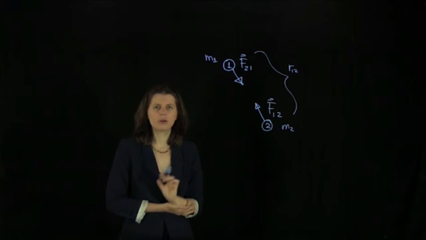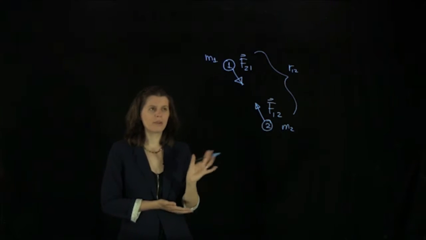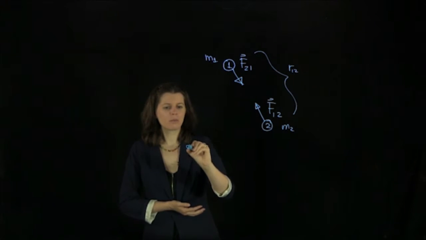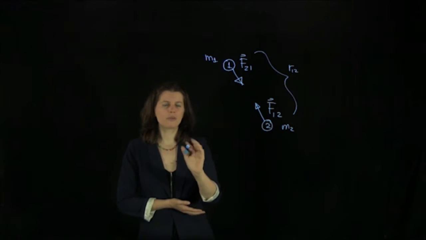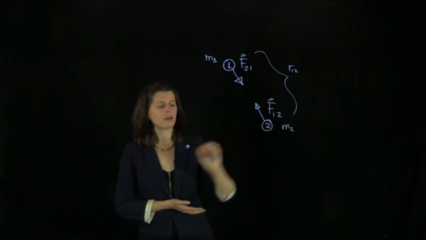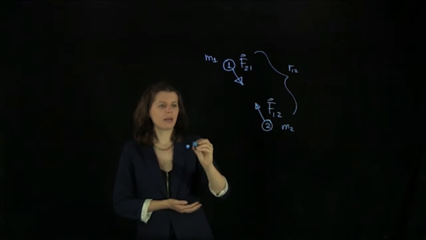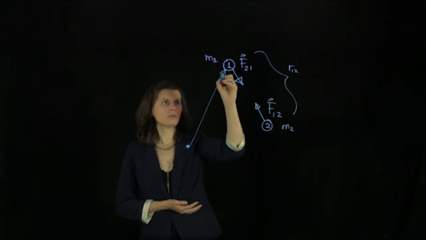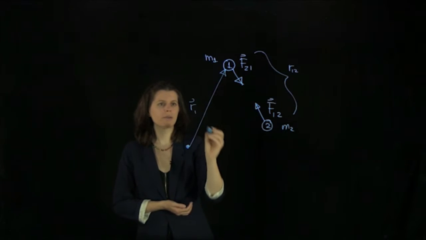Now we need to do one more consideration and then we can derive this. First we need to pick some kind of origin from where we are considering these two objects to be. And this vector goes from the origin to there, and we call this R1.